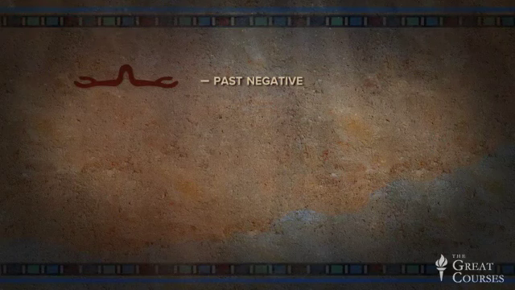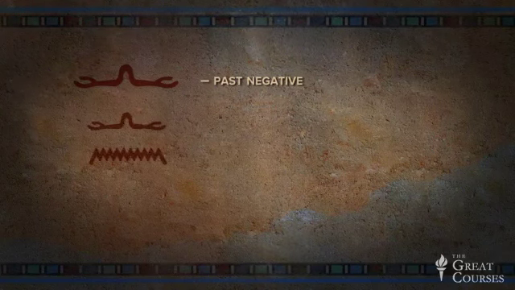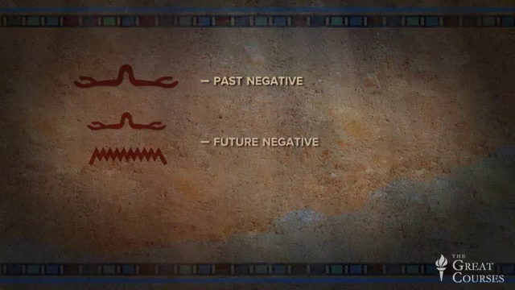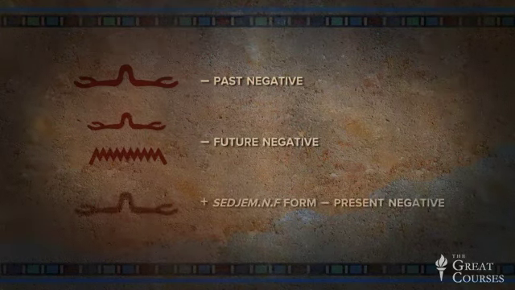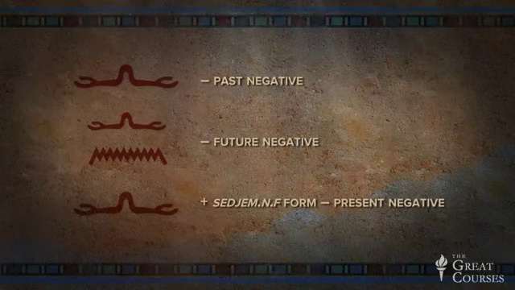It's really not that complicated. Remember, the arms by itself, past negative. Arms and water sign is the future negative. Arms plus Sejm NF form is the present negative.